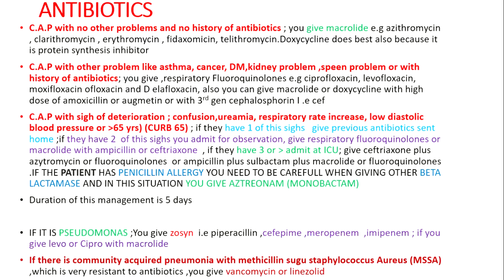If the patient has three of these signs, let's say for example the patient presents to your facility with confusion, increased respiratory rate, and you take the blood pressure and there is low diastolic blood pressure, what will you do? Admit the patient to ICU. After admitting the patient to ICU, keep ceftriaxone plus azithromycin, that's a macrolide, or fluoroquinolone.